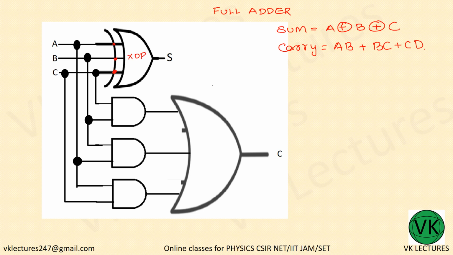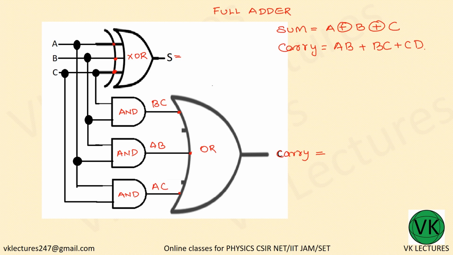So this is the XOR gate, and the sum you will get as we already said, A XOR B XOR C. Here 3 AND gates are present, and all three AND gates are fed to the OR gate, which gives the carry. So the first one is here C and B, so this is BC, here it is B and A, so AB, and this would be A and C, so this is AC.